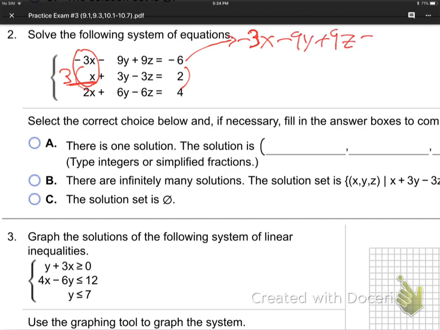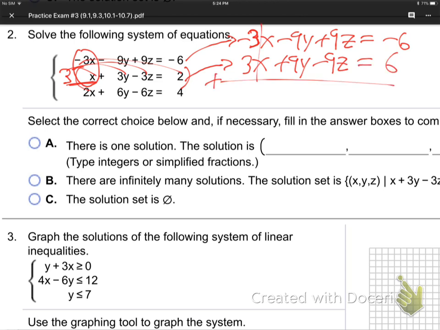But I'm just focusing on x. So the middle equation here, when I multiply by 3, I'll get 3x plus 9y minus 9z is 3 times 2 is 6. So when you add these up, cancel 0, cancel 0, cancel 0 equals 0.